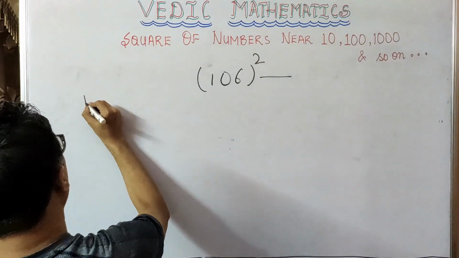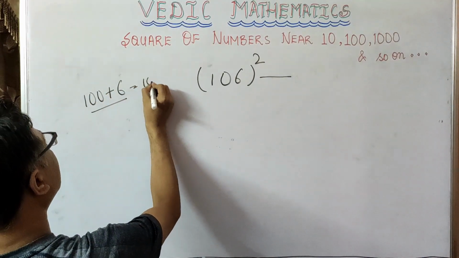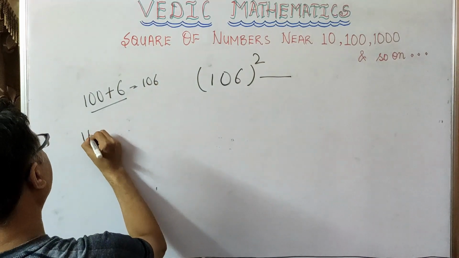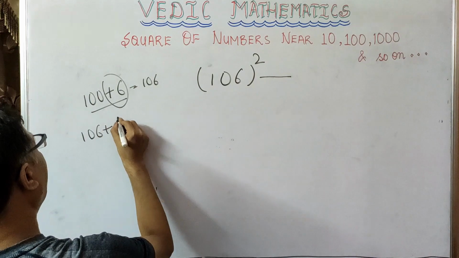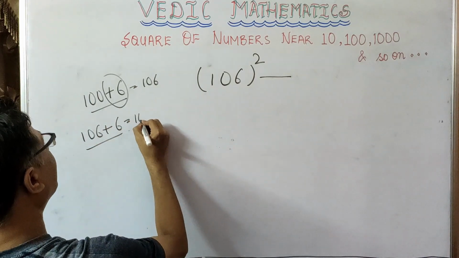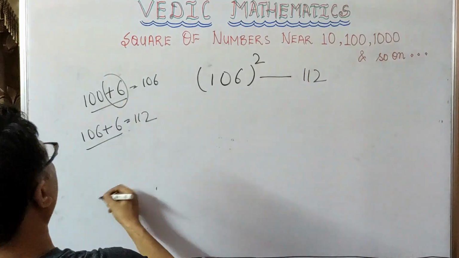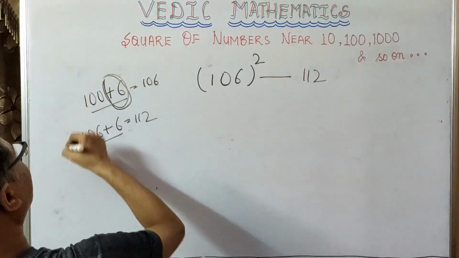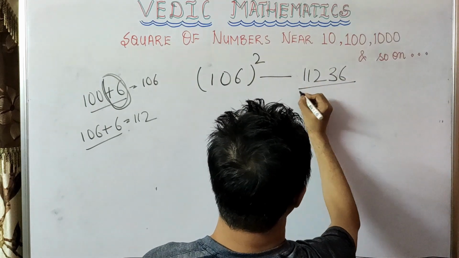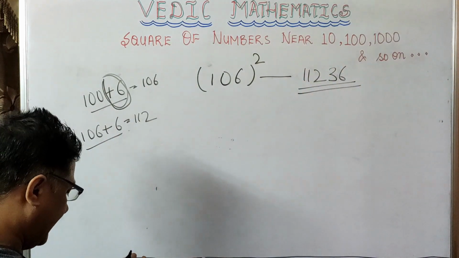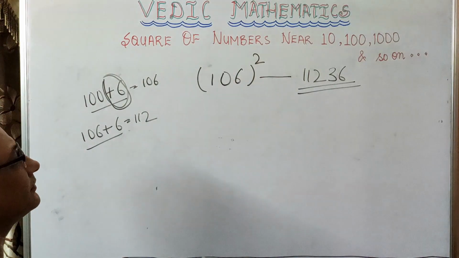So 100 plus 6 is 106, and now 106 plus 6 will be added to make the first part of the answer. And for the second part of the answer, you square this, and this is 2 digits, no need for adding any zeros or anything, so you get your answer.